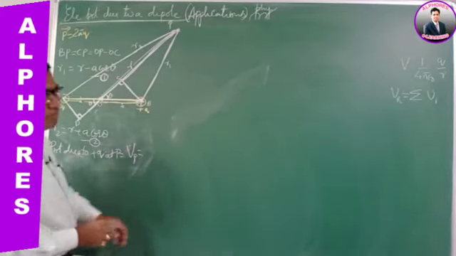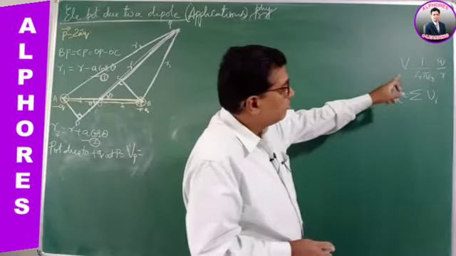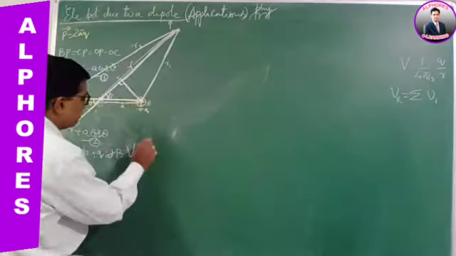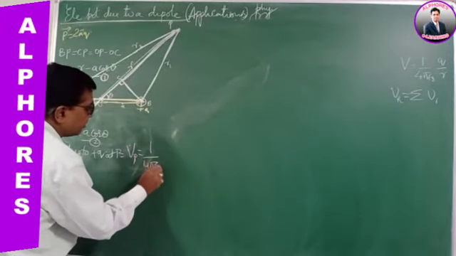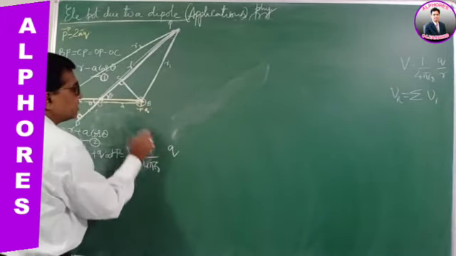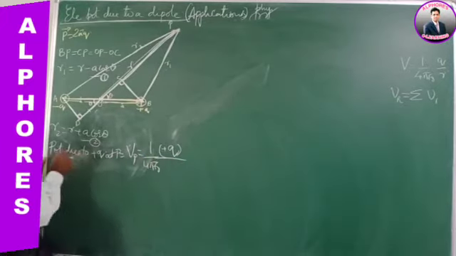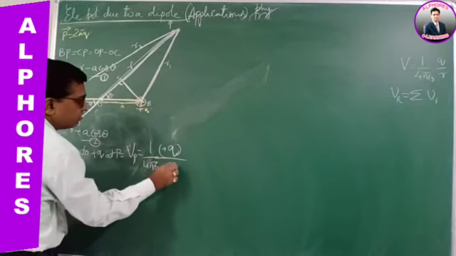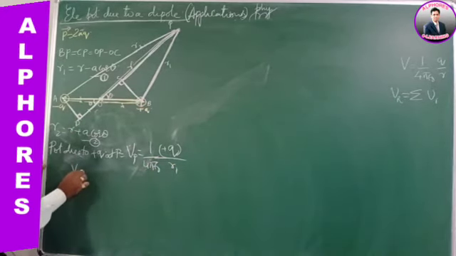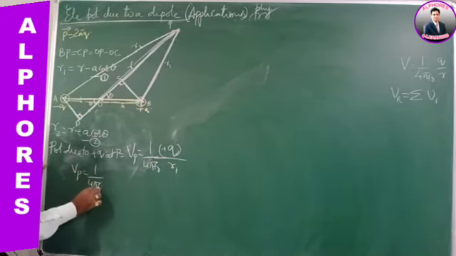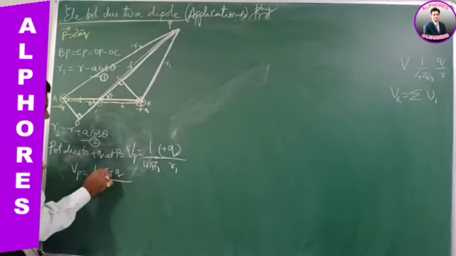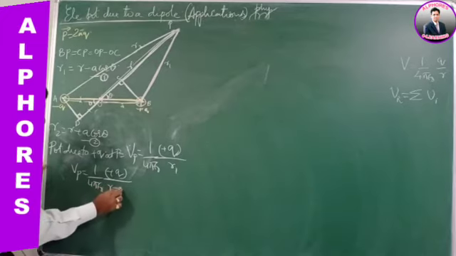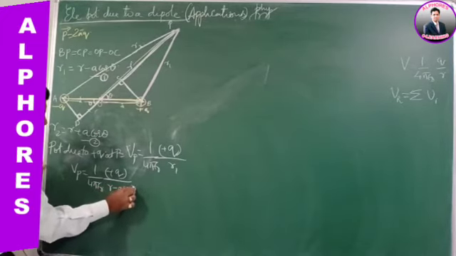We know the formula for the potential due to a point charge is 1 by 4 pi epsilon naught, Q by R. So charge is plus Q by the distance of the point from the positive charge, R1. So Vp is equal to 1 by 4 pi epsilon naught, plus Q by R1, which is R minus A cos theta.